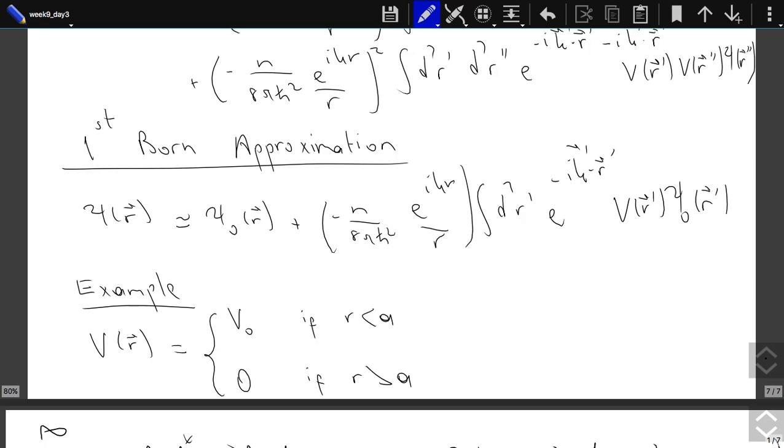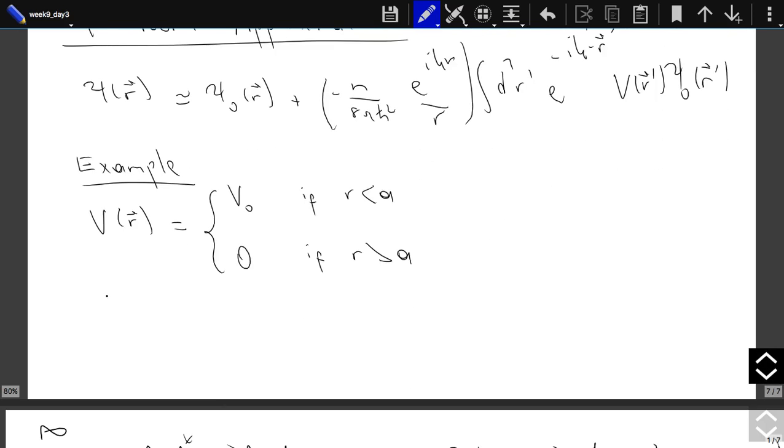But if you have a very small bump or a very small well, V0 can be both positive or negative, but if it is small relative to some other parameter in the problem, basically relative to the kinetic energy, then the first Born approximation will be good enough. And we can just choose psi 0 of r to be equal to e to the power i k dot r. So this will give me what f is. So I can calculate f, which is related to the differential cross-section.